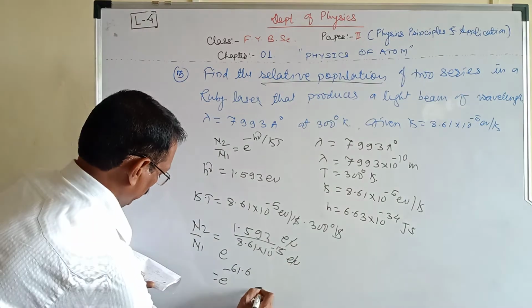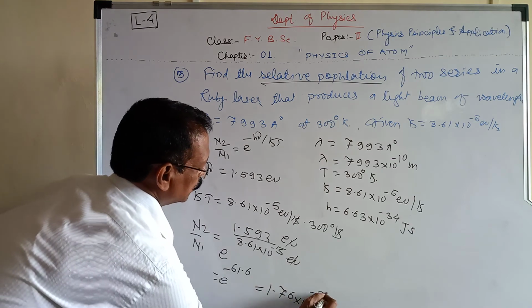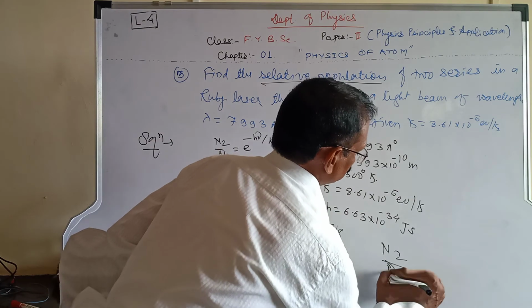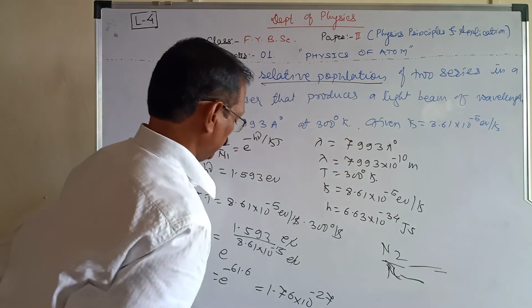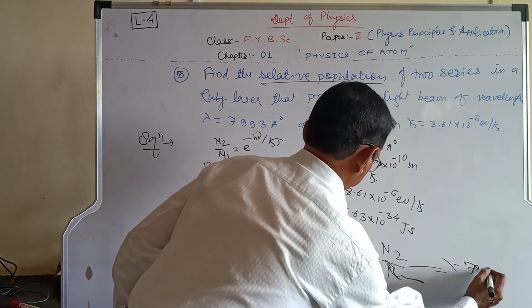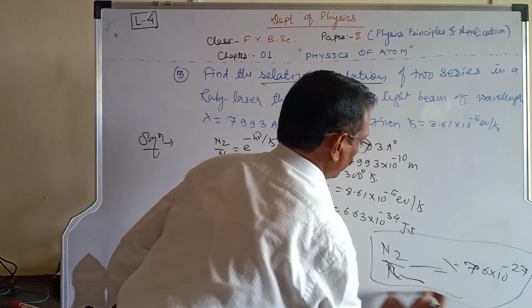You will get e raised to minus 61.6, which is 1.76 into 10 raised to minus 27. So you will get N2 upon N1, the relative population, as 1.76 into 10 raised to minus 27 here.